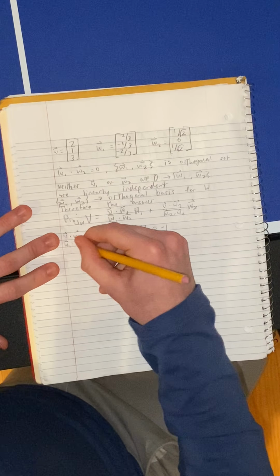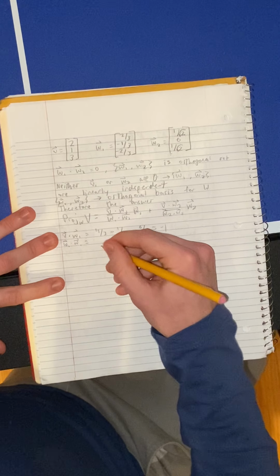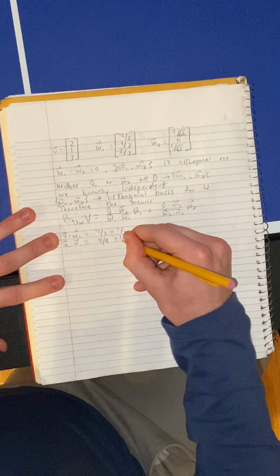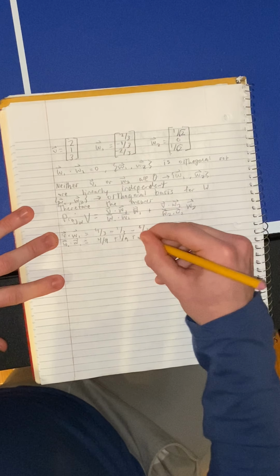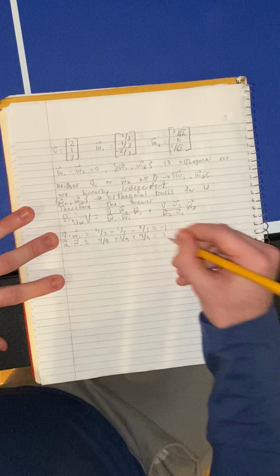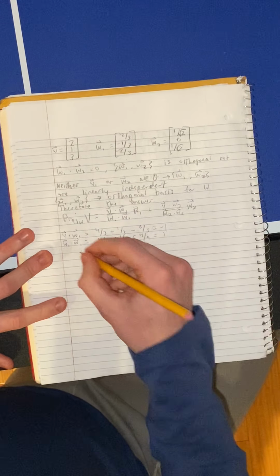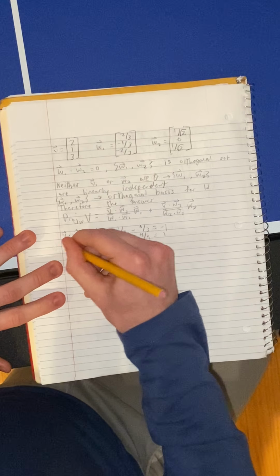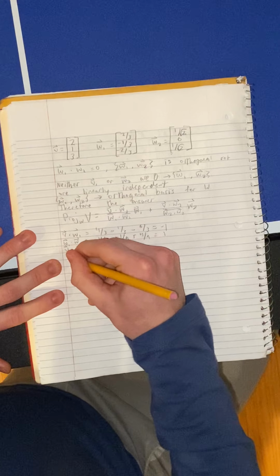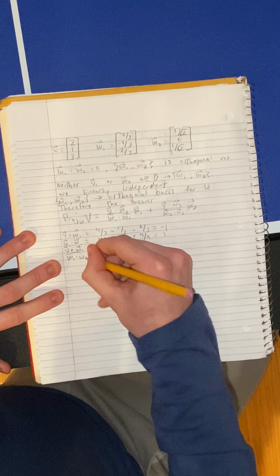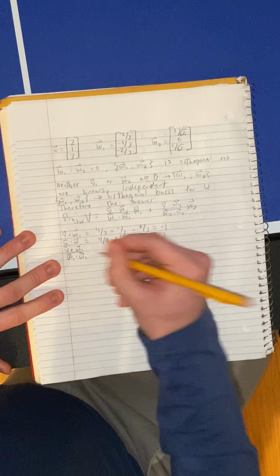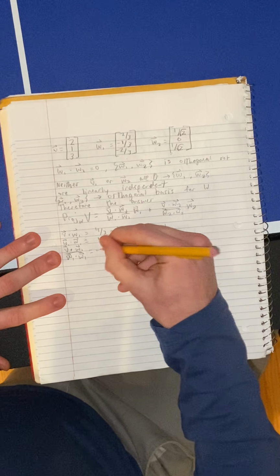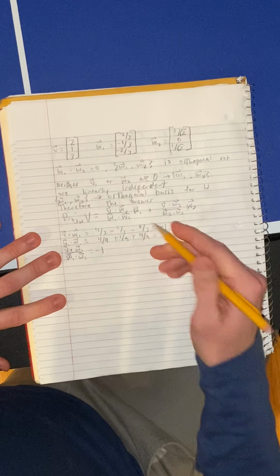W1 dotted with W1 is going to equal 4/9 plus 1/9 plus another 4/9, which just gives us 1. And so V dotted with W1 over W1 dotted with W1 is just going to be -1. And so we can then substitute that back up here in the original equation.